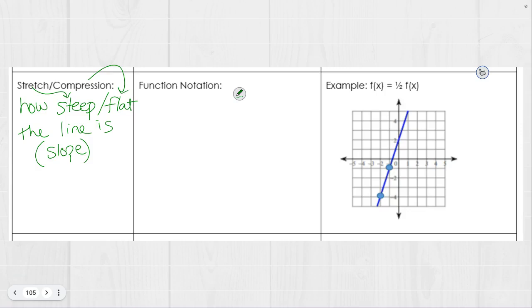Okay, it's like someone sits on it. So steep is when your number is greater than a value of 1. Compressing is when your value for slope is less than 1, or it's a fraction.